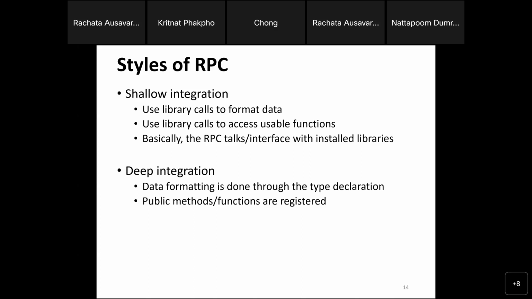If you want to call this function, make sure you have this format. That's deep integration. You don't use a library. You say, hey, any incoming RPC packet, do it this way. Basically, you're building your own library for your special purposes. This would allow the compiler, through your programming, and the system, through the server OS and the host OS, to perform the RPC, rather than relying on a public library, or even a non-public library, that handles the RPC for you.